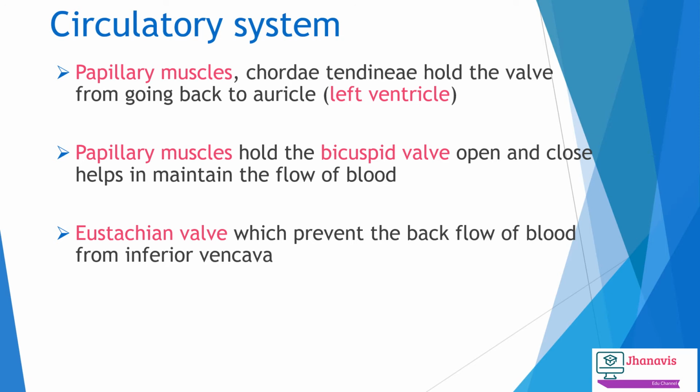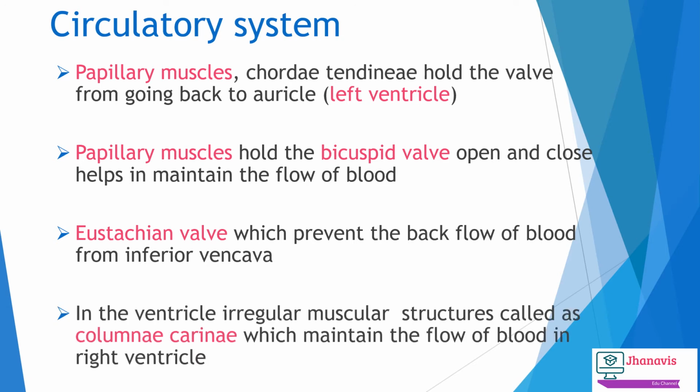Whereas in the ventricles you can see some muscular structures called columnae carneae which maintain the flow of blood in the right ventricle. As I've said, in the left ventricle you have papillary muscles which help in closing and opening of the bicuspid valve.